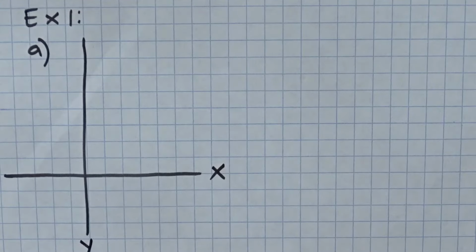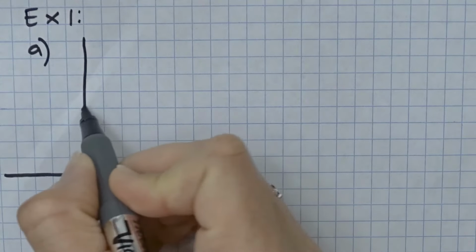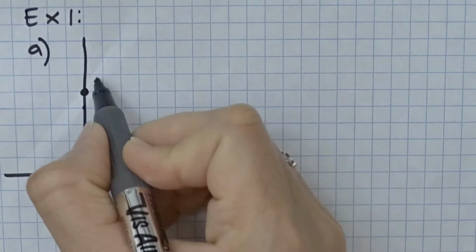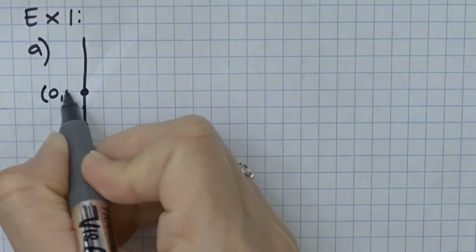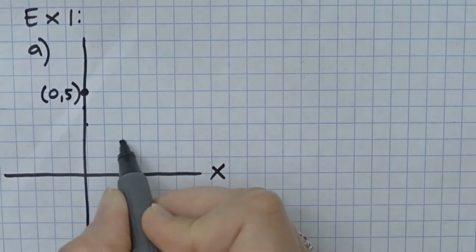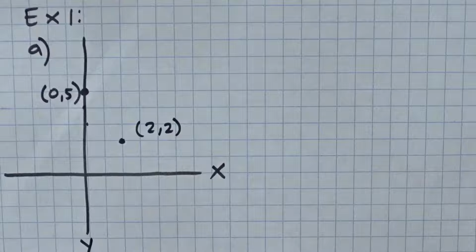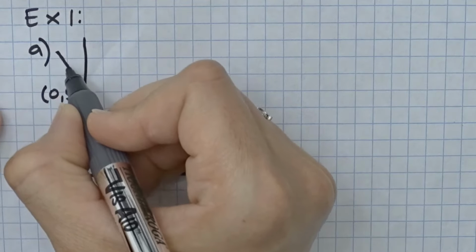So for the first example, I'm going to give you the point 0, 5. And the other point would be 2, 2. And so the line would look like this.